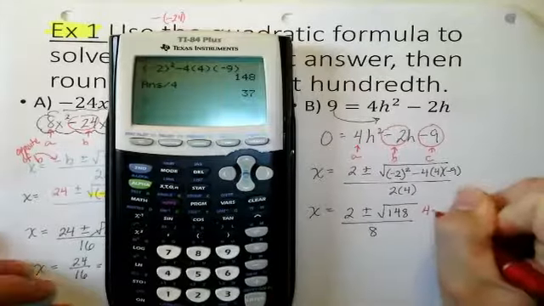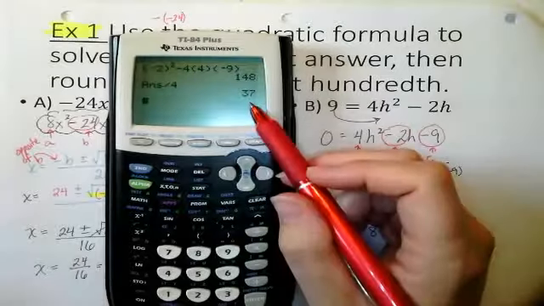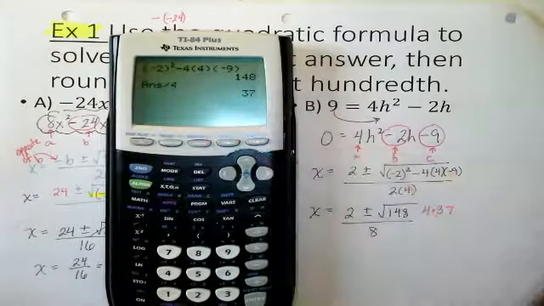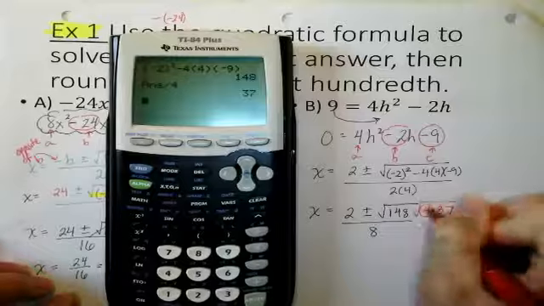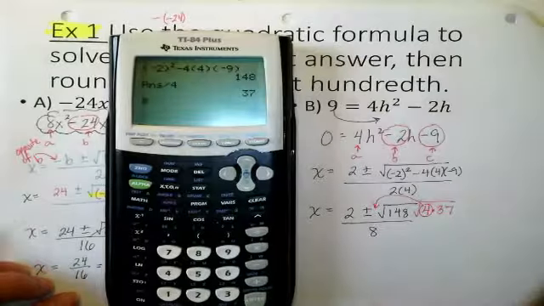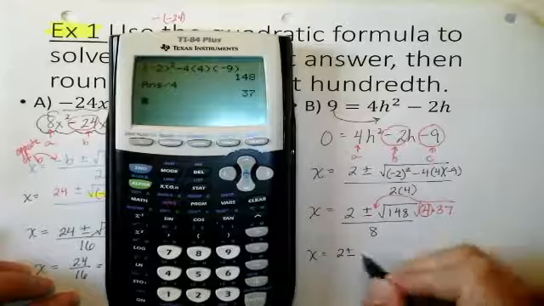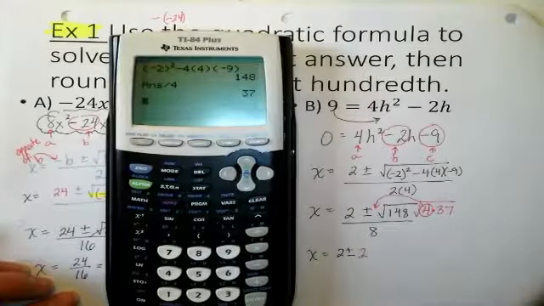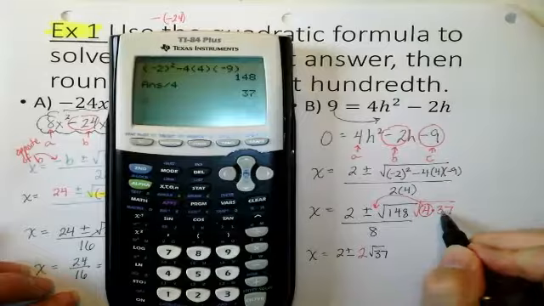It is 4 times 37. 37 is prime. 4 is a number I can take the square root of, so I can do that. The square root of 4 comes out in front of the radical. And so we would get x equals 2 plus or minus 2 radical 37, with radical 37 left inside the radical.